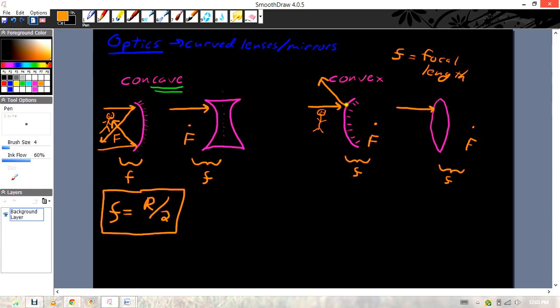Notice how the convex, the light cannot actually go through the focus in the real sense, so you imagine the line being drawn back, and that extended line will go through the focus.